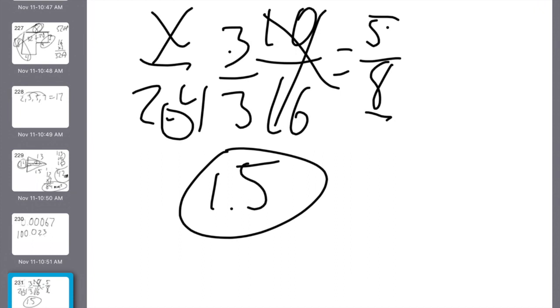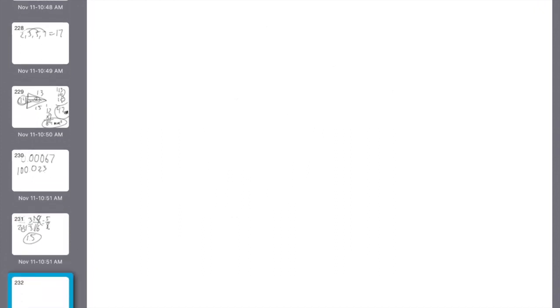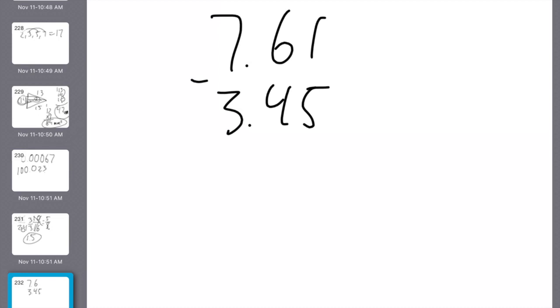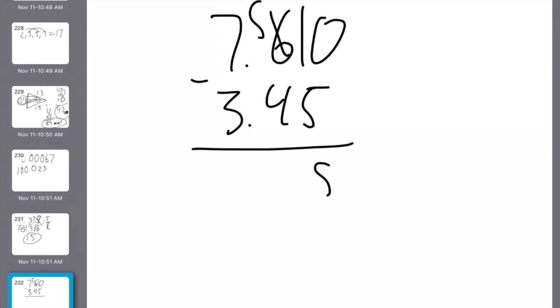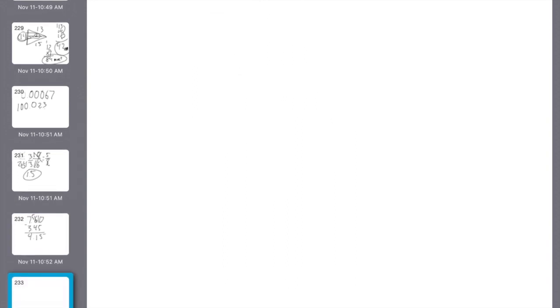It's 1.5. Number 19, missing something in addition. Anytime I'm missing an addend, I subtract. So I have 7 and 6 tenths minus 3 and 45 hundredths. Add a 0 so I can do the math. Becomes a 5/10. That's a 5, that's a 1, decimal point straight down. That's a 4, 4 and 15 hundredths.